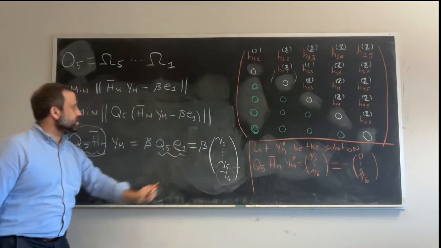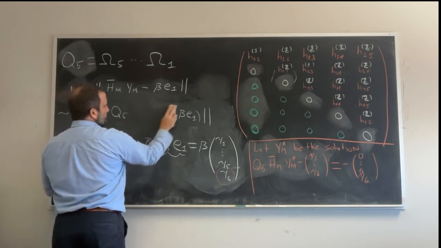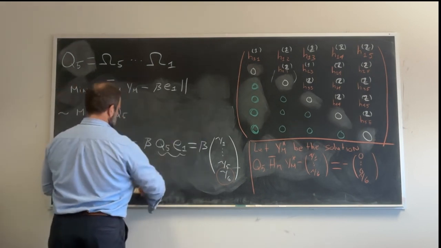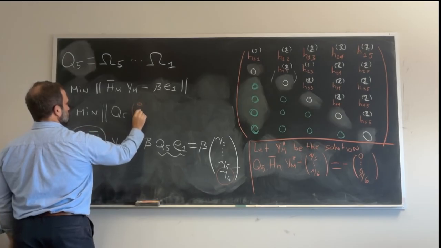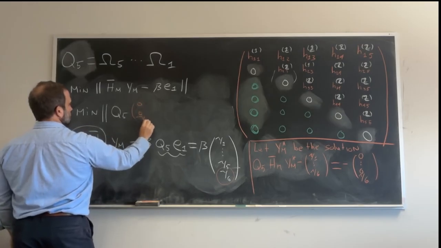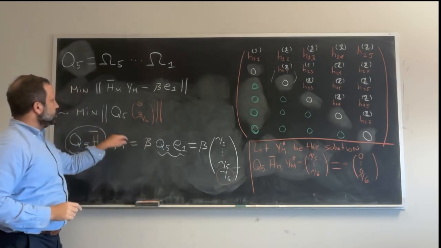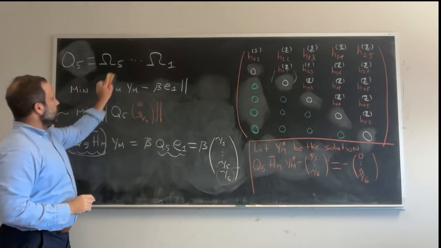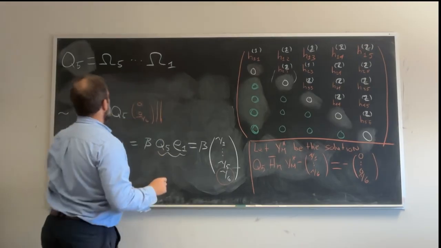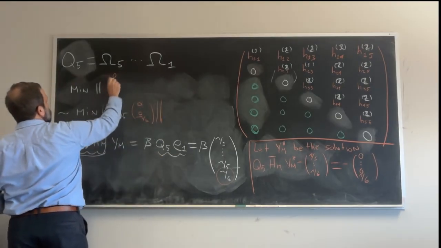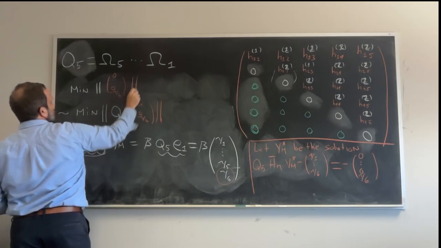But this difference is exactly what we have down over here. So if ym star is the solution vector, we're going to have 0, 0, minus gamma 6. But this is just going to be equal to this because the Q5 is unitary. So this is going to be 0, 0, minus gamma 6.